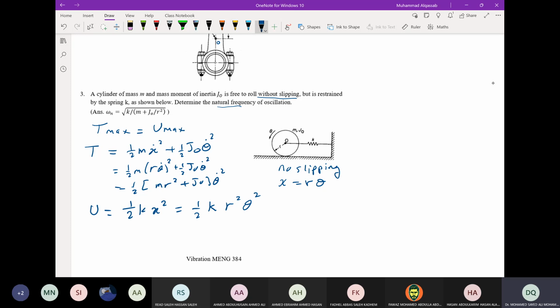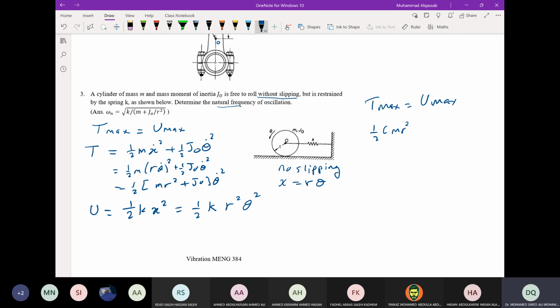Now you can use Tmax equal to Umax. What makes the kinetic energy maximum, as you can see from the kinetic energy expression, is only when theta dot is maximum. So the rest of the terms will be the same.